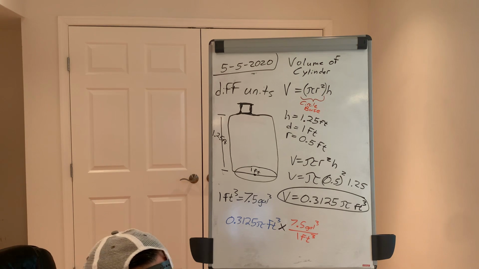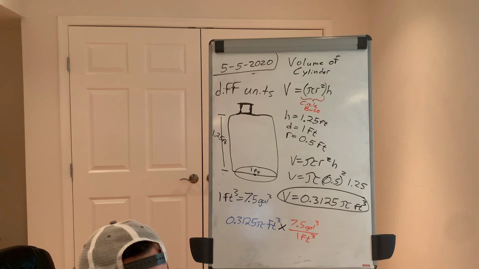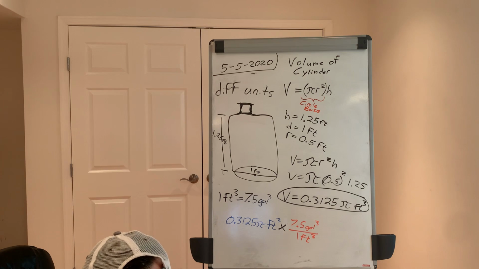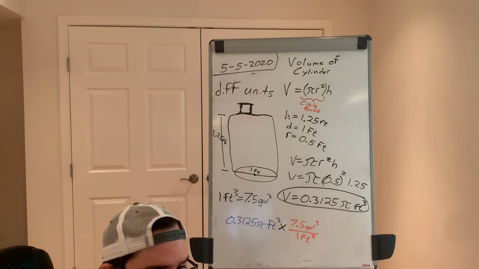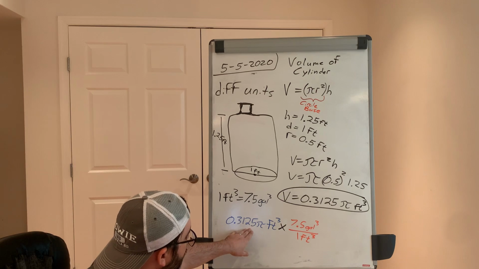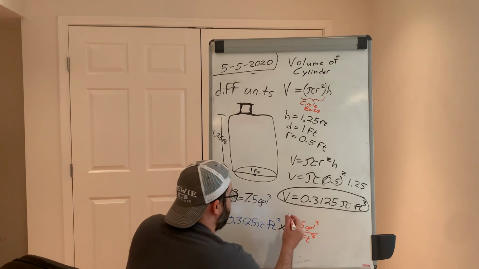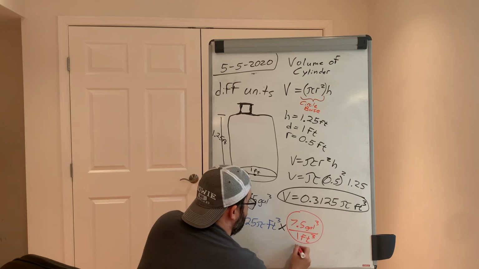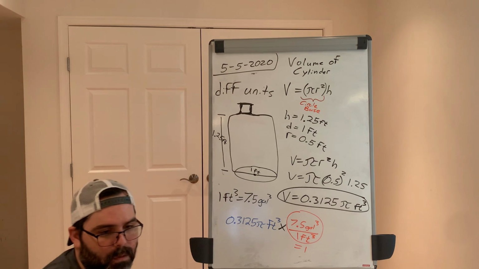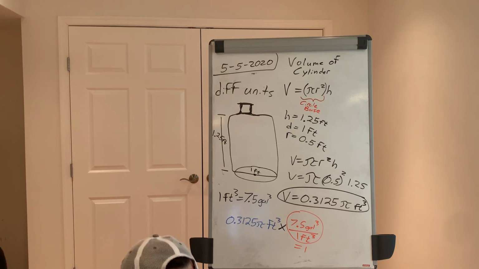Well, if they're the same thing, if you divide something by itself, you get 1, right? And if you multiply anything by 1, does it change it? No. So basically what I'm doing here is I'm multiplying this number times 1. All of this equals 1, okay? So I'm multiplying this number by 1.